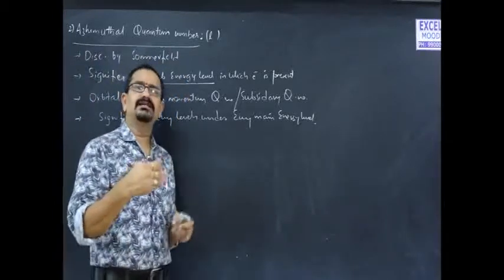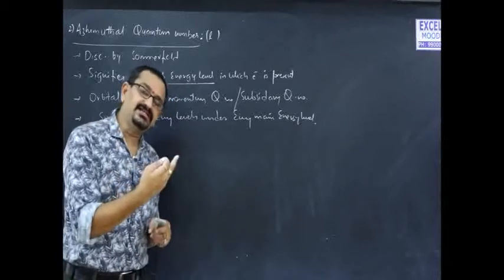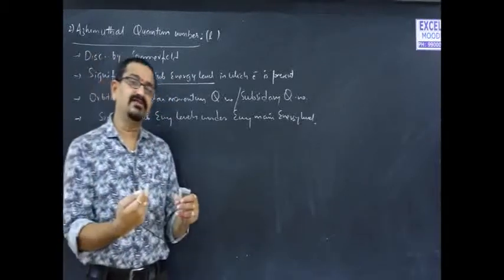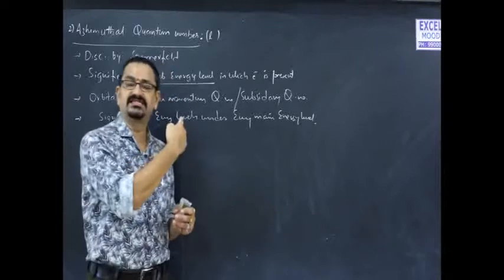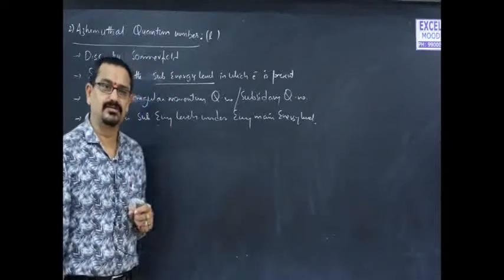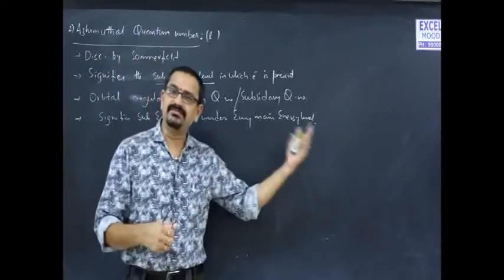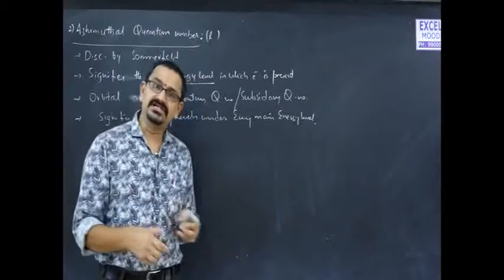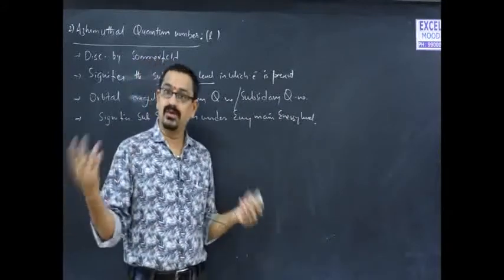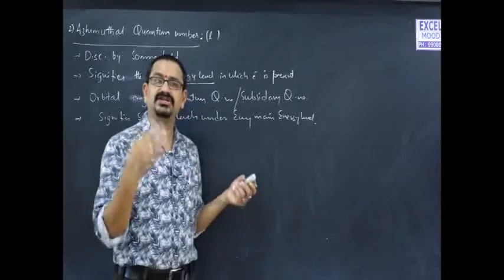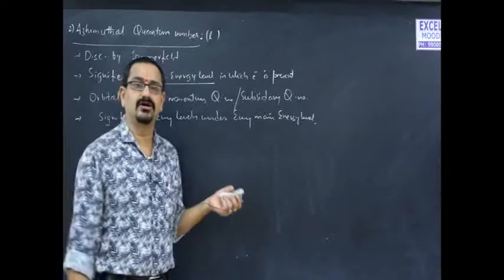Say an electron is in the first energy level. In which sub-energy level of that first energy level is the electron present? That is explained by this Azimuthal quantum number. Suppose an electron is in the third main energy level, third shell. In that third shell, n square atomic orbitals are possible, 3 square, 9 atomic orbitals.